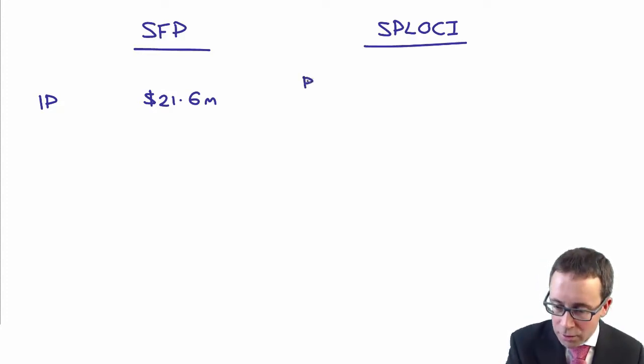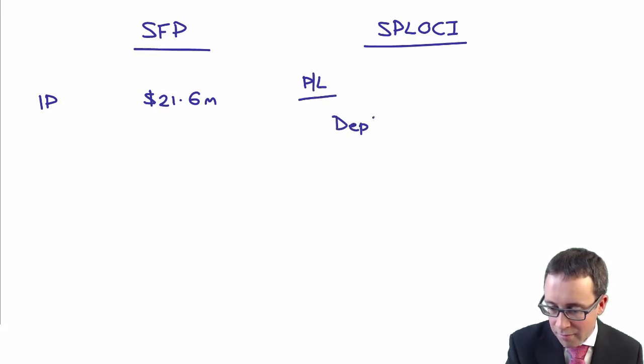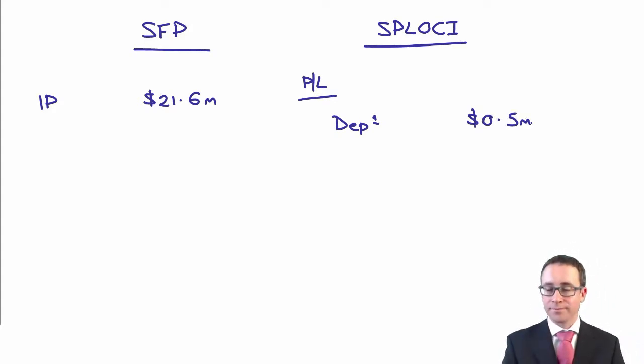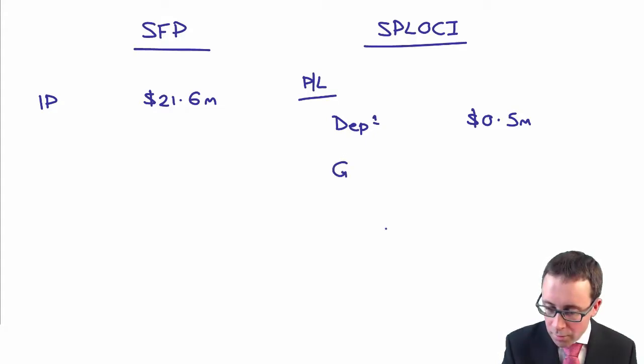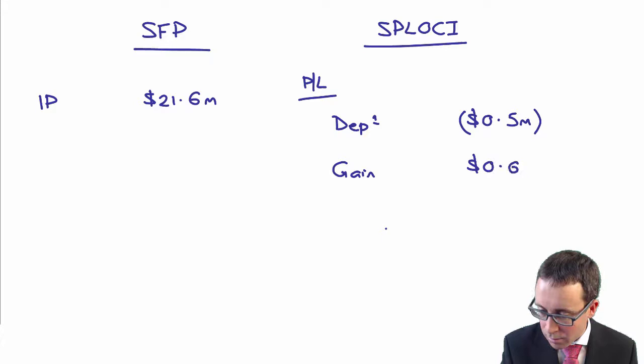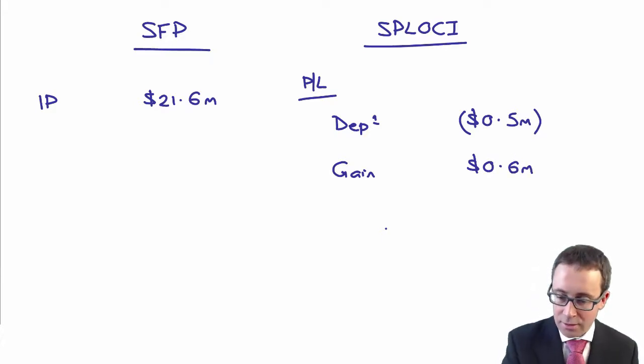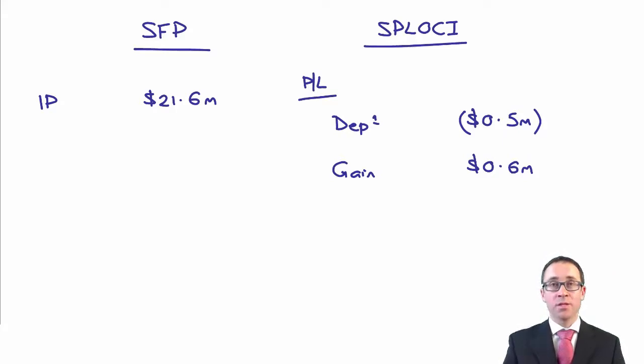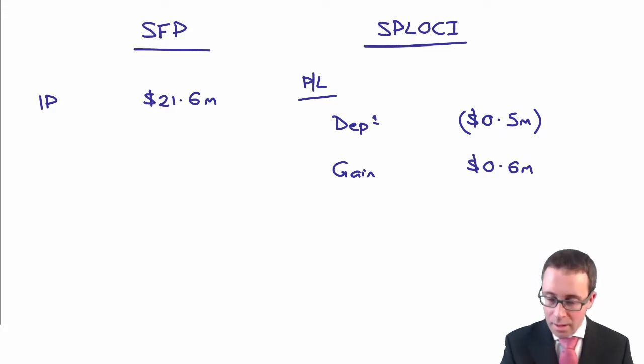In profit or loss, don't forget that you have the depreciation of 0.5 million. You also have the gain, so we'll put the depreciation in brackets to show it as an expense. And the gain on the investment property was 0.6 million.